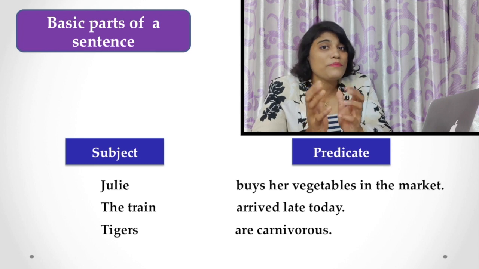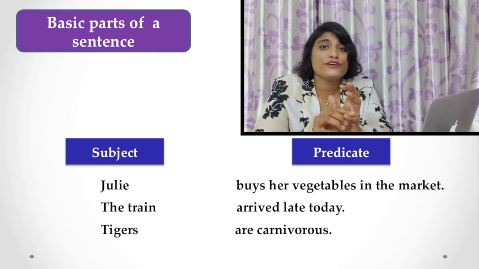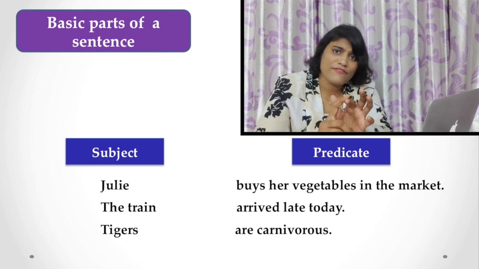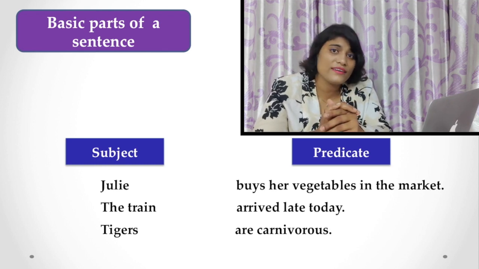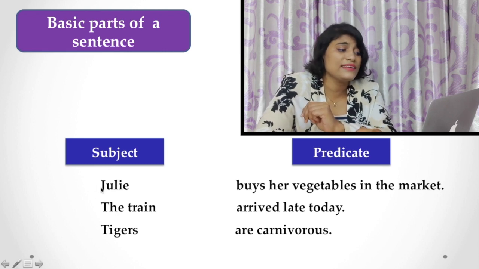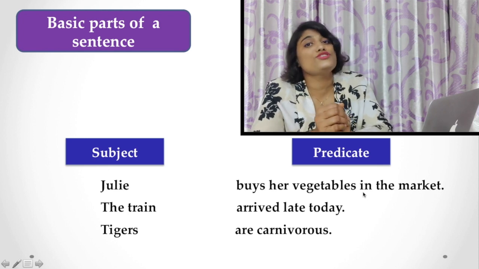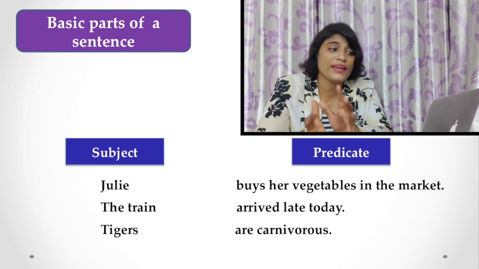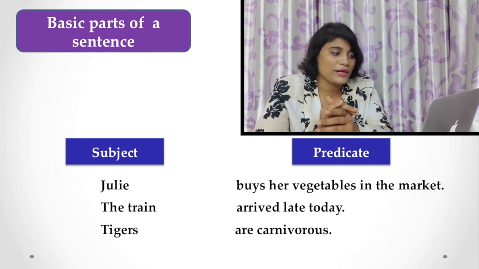And the predicate part consists of verb, object, sometimes complement, sometimes adverbial, etc. So here are the examples for you. If you take this sentence, Julie buys her vegetable in the market, you find Julie as the subject part and buys her vegetable in the market is the predicate part.